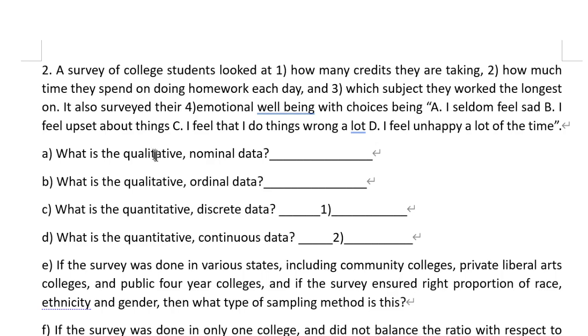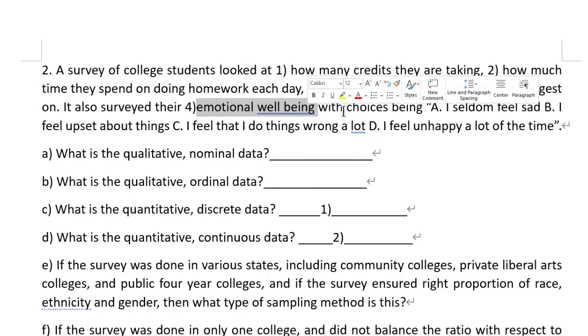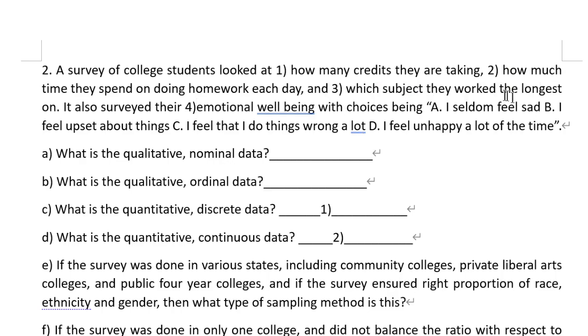Now let's move on to qualitative. These 3 and 4, they're both something that cannot be put in numbers, right? The subject may have a class number, but that number doesn't mean anything. So this is a qualitative data, as well as the emotional well-being, that will be qualitative as well. Now, however, the subject just has a name, so that's just nominal data.